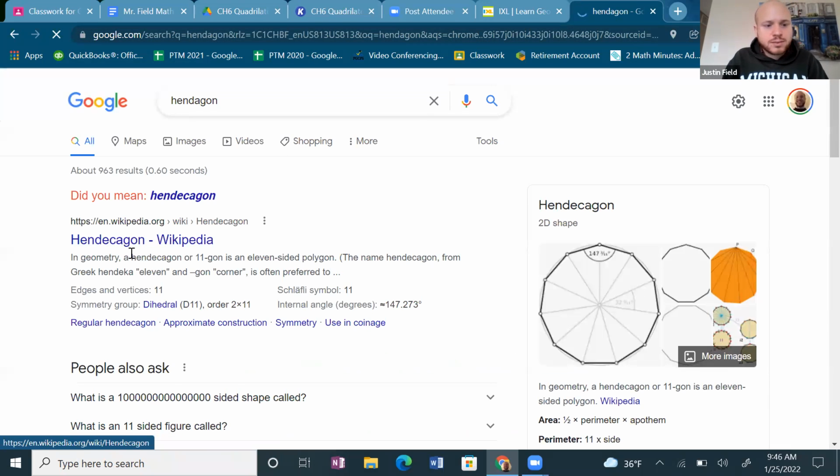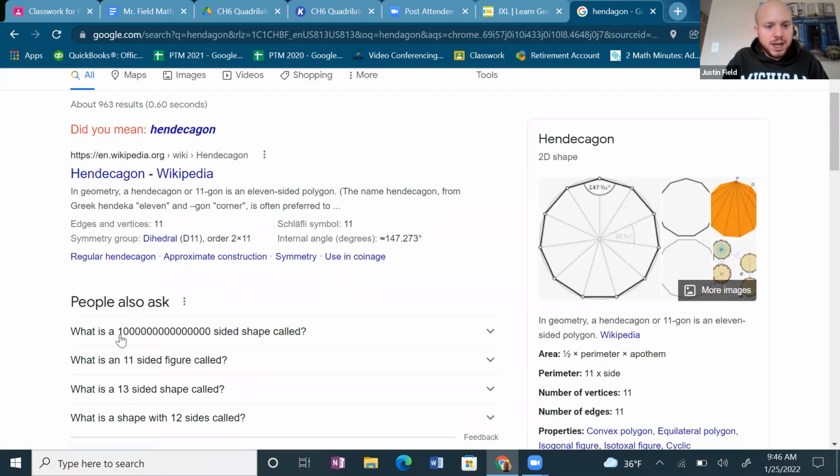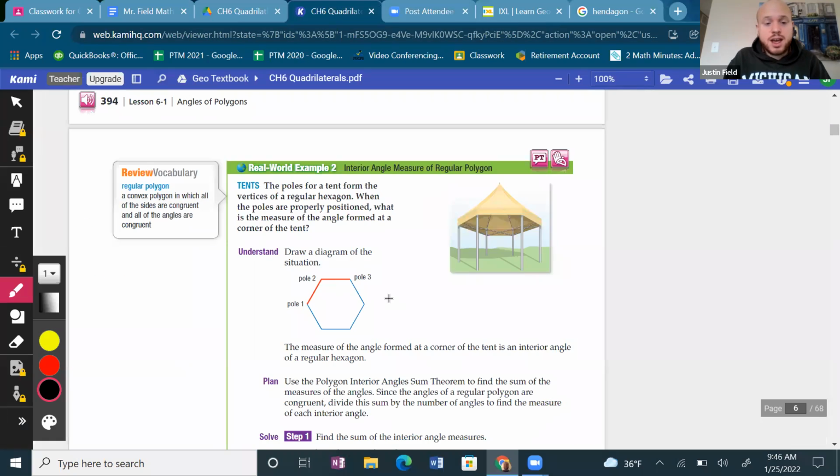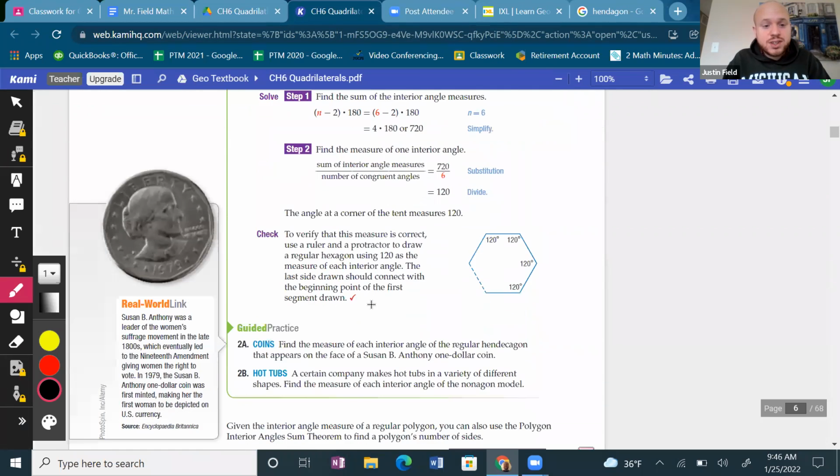Pentagon. Oh my goodness. A pentagon is an 11-sided figure. Oh, so it does have a name. This is the first time hearing of this.